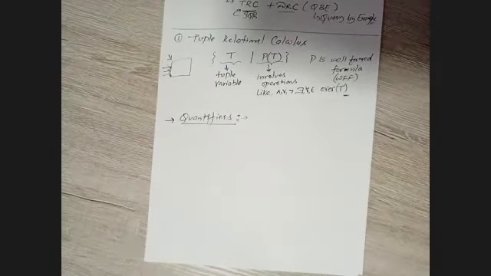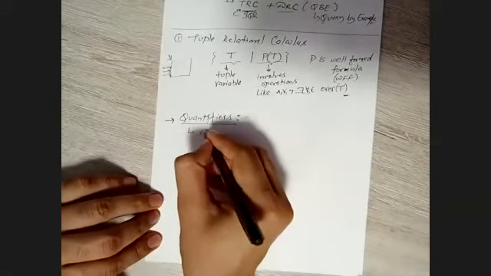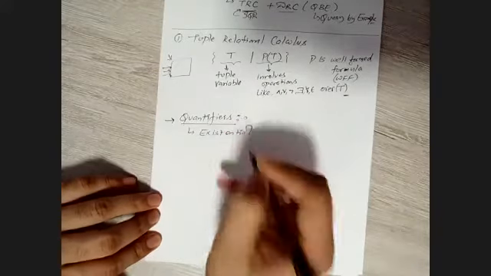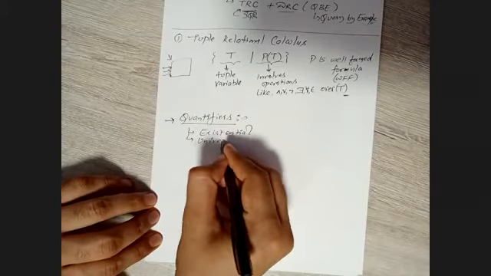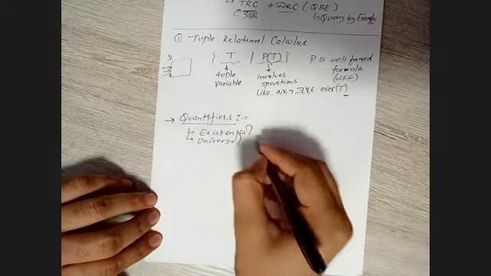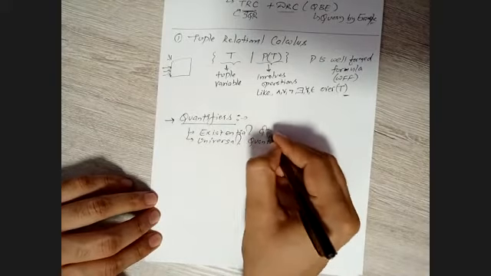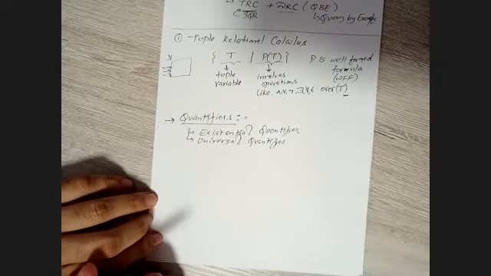Quantifiers are basically of two types. The first one is called the existential quantifier, and the second is called the universal quantifier.